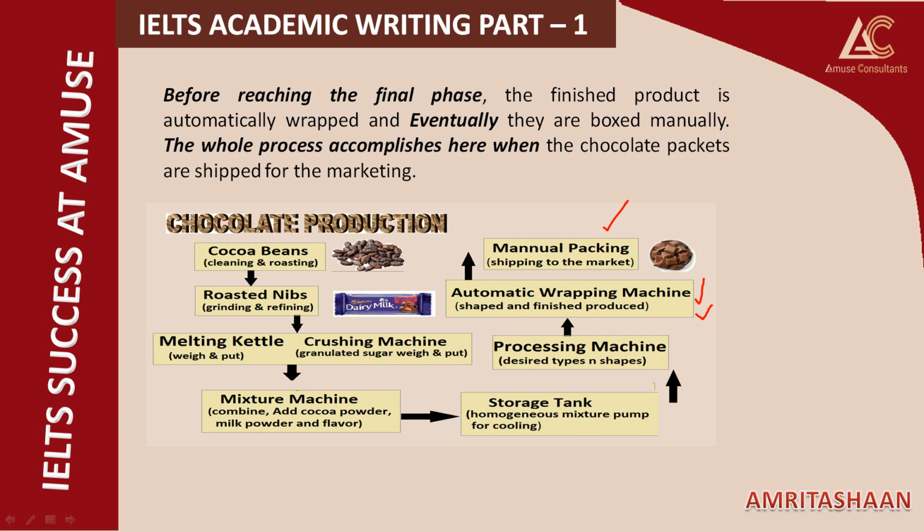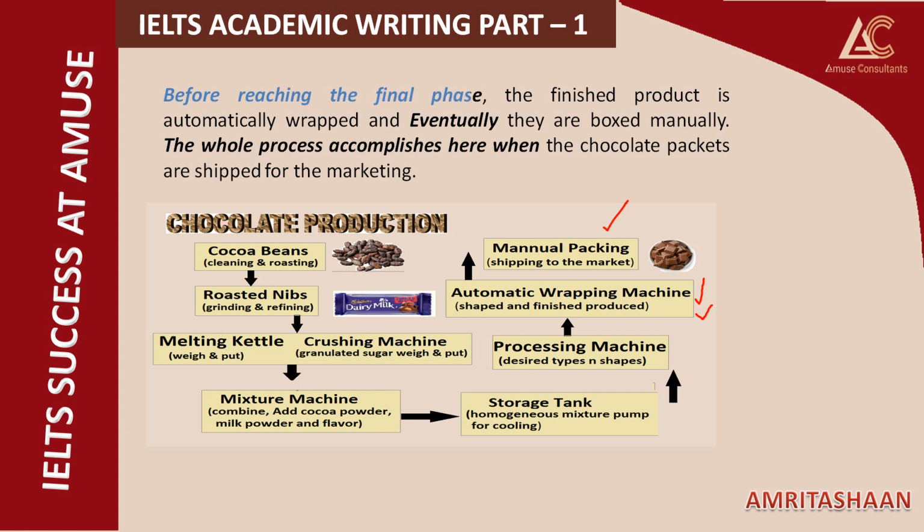This homogeneous mixture is cooled, and in the processing machines, proper shapes and types are given to the material, and automatic wrapping makes the thing ready. And finally, this wrapped material is boxed and shipped to the market. So the whole process arrows have helped us, and we could write a complete report on it.